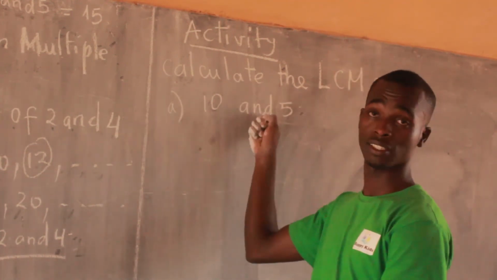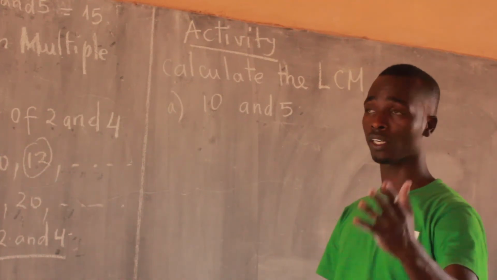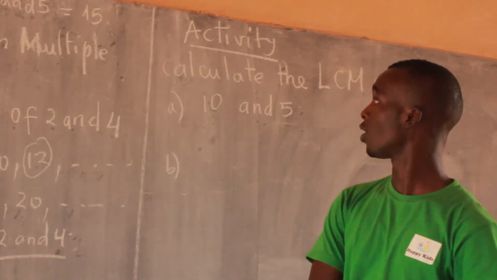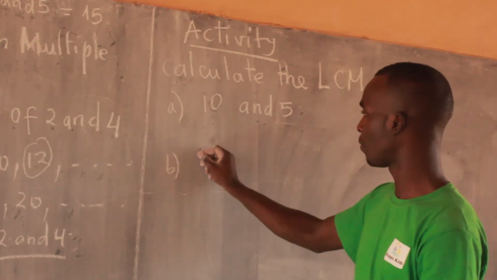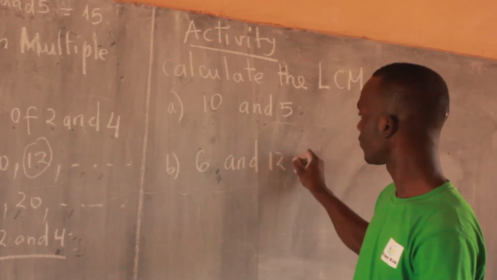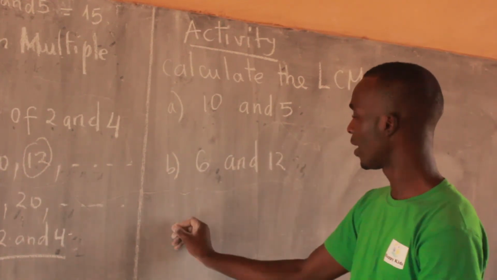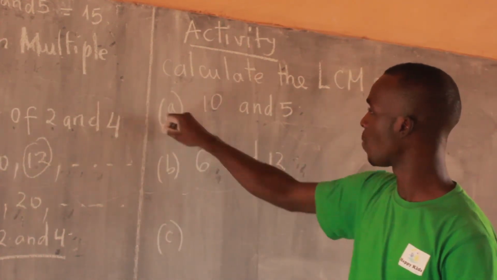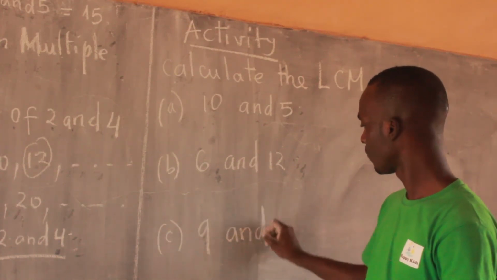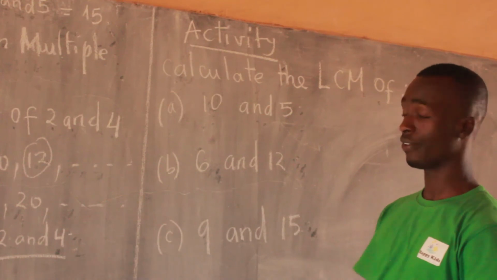I think this one will be easy for you. Take your exercise notebook, then work out this one. I want you to find the lowest common multiple of, for example, 6 and 12. I also want you to find the lowest common multiple of 9 and 15.